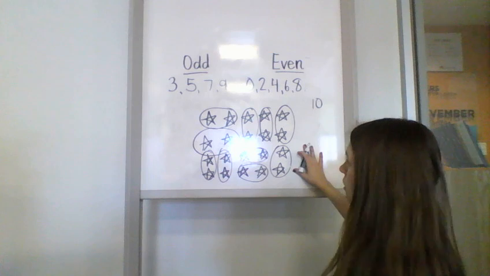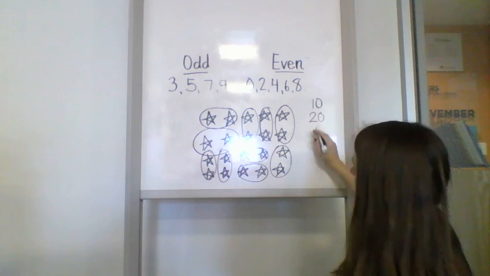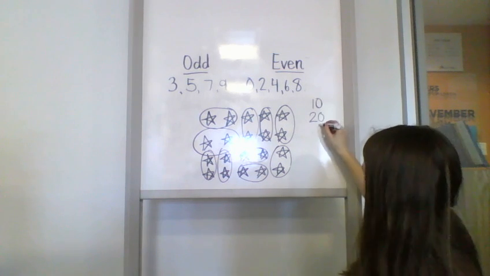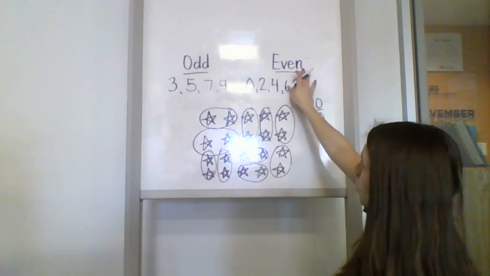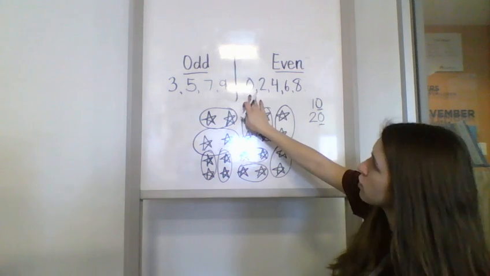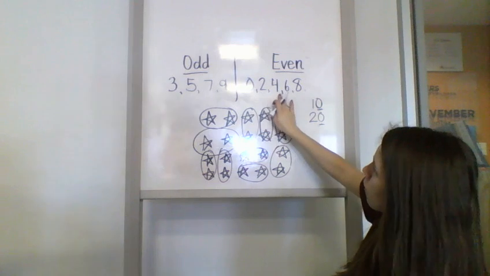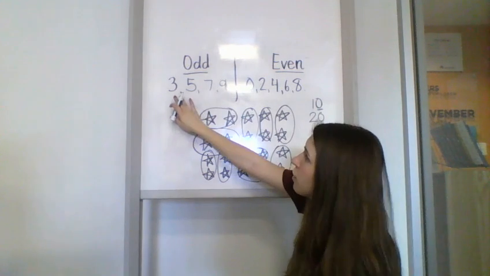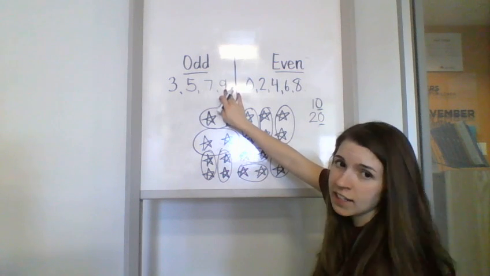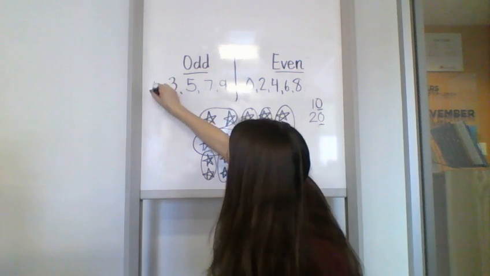Everyone has a partner. So the number 20 would also be even because it ends in a 0. There's a 0 in the ones place value. So even numbers are those that end in 0, 2, 4, 6, or 8. And odd numbers are those that end in 3, 5, 7, 9, and also 1.